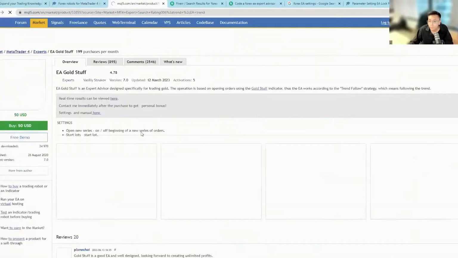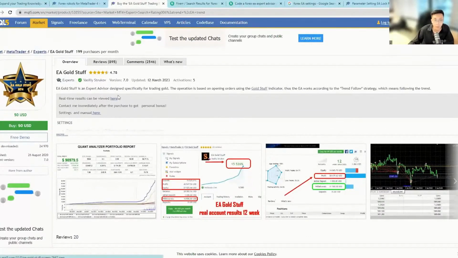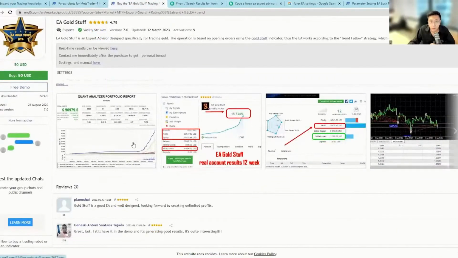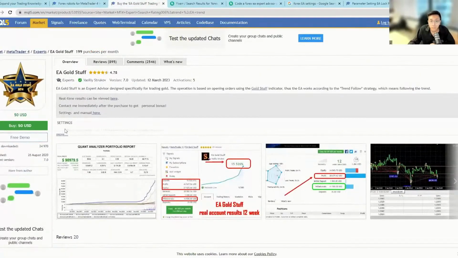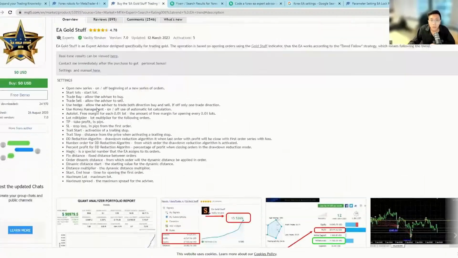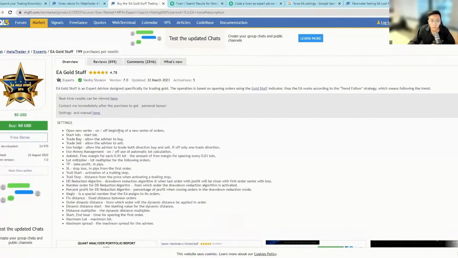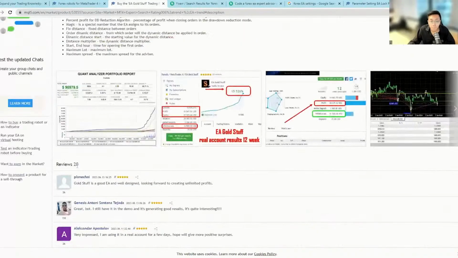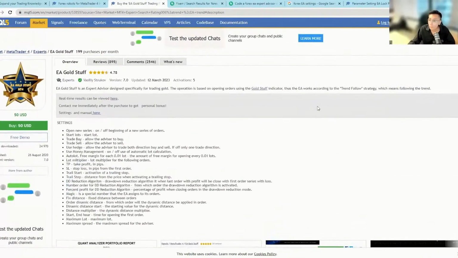It could be this, but basically, I was trading gold itself. Oh yeah, this is kind of similar to what I used in the past, because it follows the trend following.